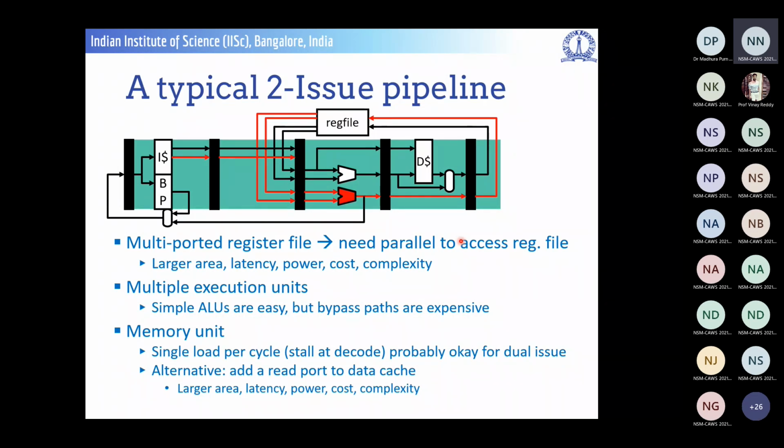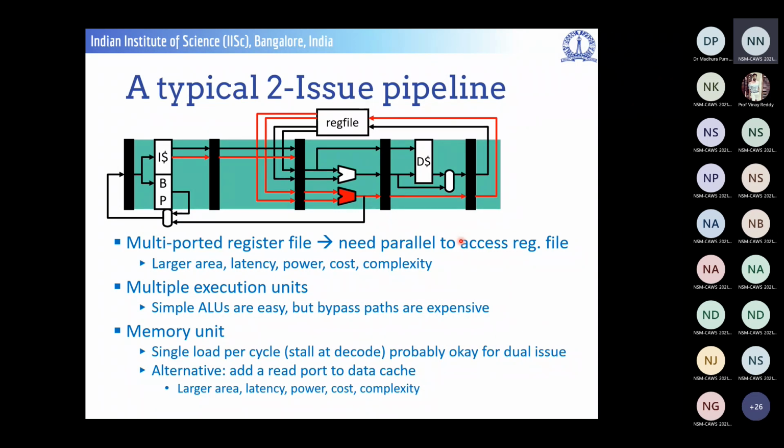So that part is easy. The harder part that we will be talking about is bypass paths. Someone was just talking about the bypass you just learned, and now this will get more complicated when we are talking about superscalar. We'll see how.